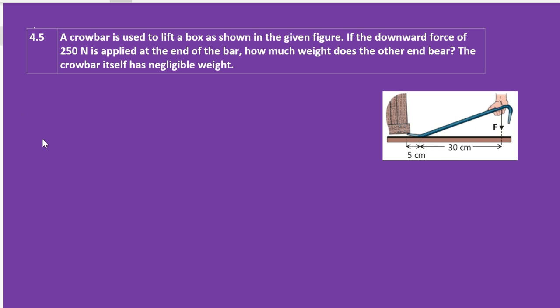First of all, we write the data here. The downward force acting by the hand is 250 Newton. We know that the force is represented by F, and the force F is equal to 250 Newton. And the distance, if I say this distance as d1, is equal to 30 centimeter.